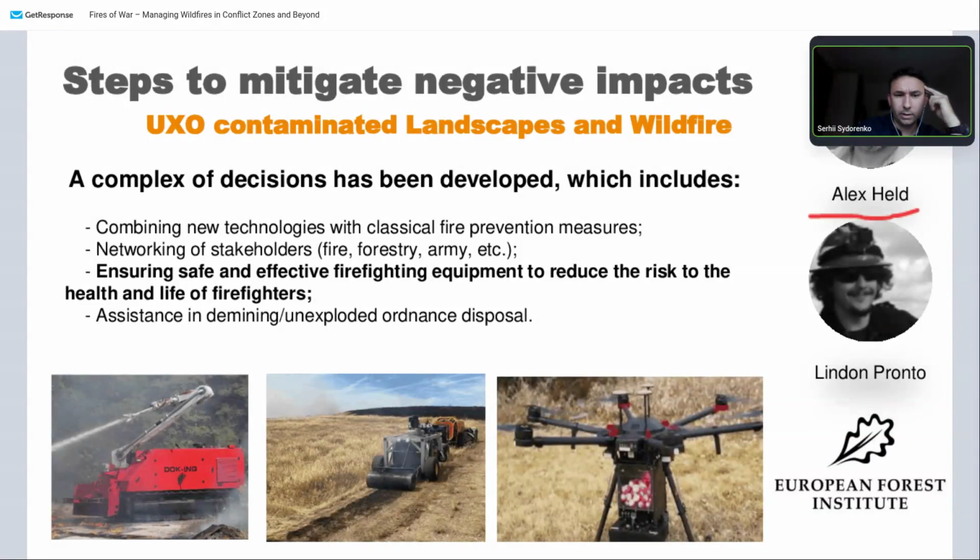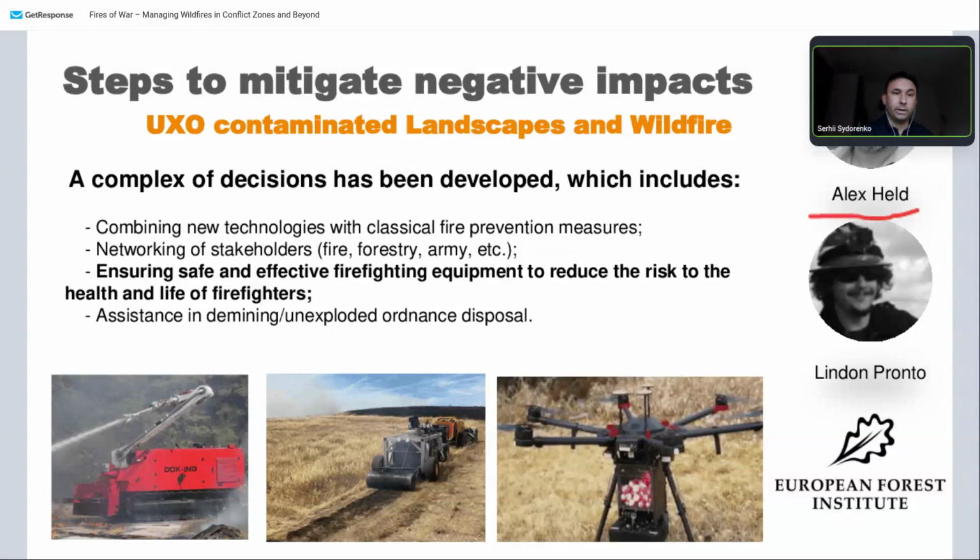Here you see two models, and also drones with dragon balls to set fire from a safe distance. I think this toolbox has great potential to be used in Ukraine, not for the whole territory, because, as I mentioned, it's a huge territory, but for some of the most vulnerable territories, I think it will be a must-have.